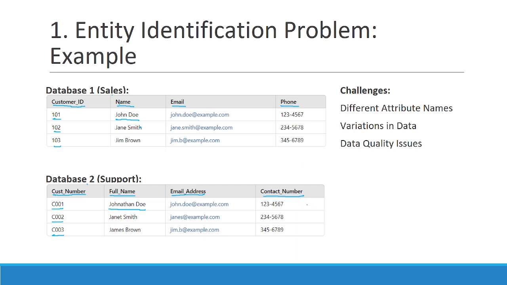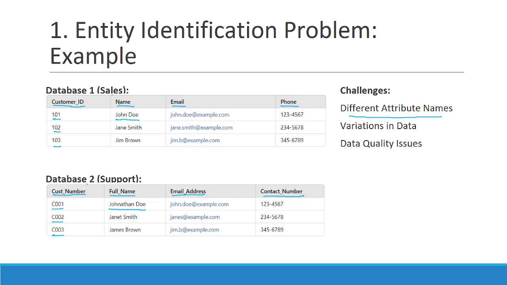So what are the challenges here? Because we have different attribute names, first you have to identify that this customer ID and customer number are one and the same. Then only you can merge them. If you consider this customer ID and customer number as different, there will be two columns in your integrated database, which is not correct.